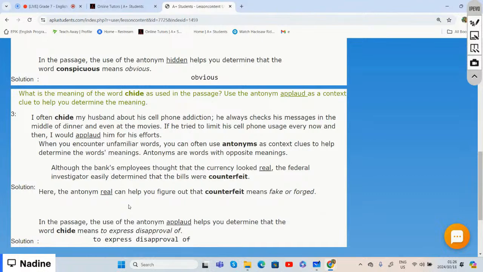You only applaud or give somebody praise when they make efforts or get something right. So applaud is where you are praising somebody, but the opposite of applaud is where you don't. So chide would then mean that you are expressing your disapproval. You're not happy.